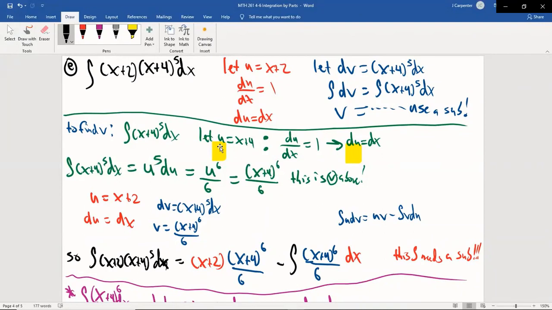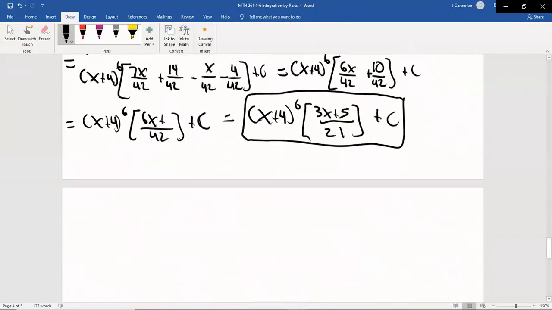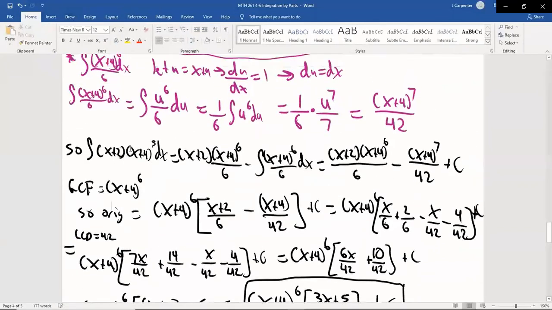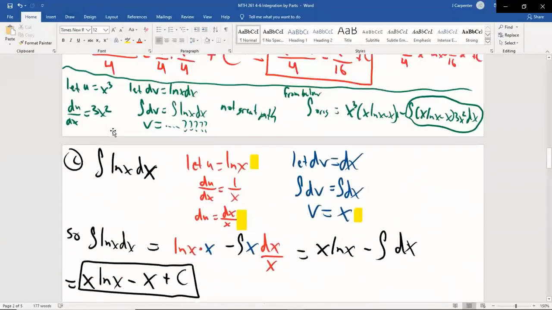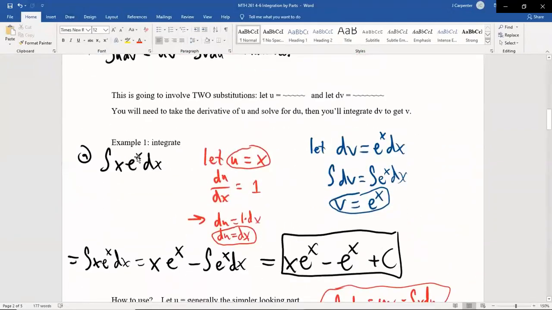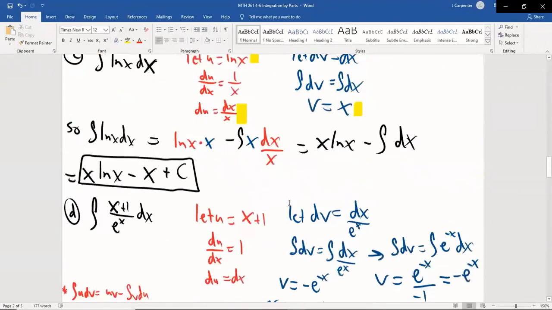In particular, just kind of a special memo. If you wanted to do the integral of x squared e to the x dx, now earlier we did x e to the x. And that was last class's problem. The integral of x e to the x, we integrated by parts one time and we got the answer.